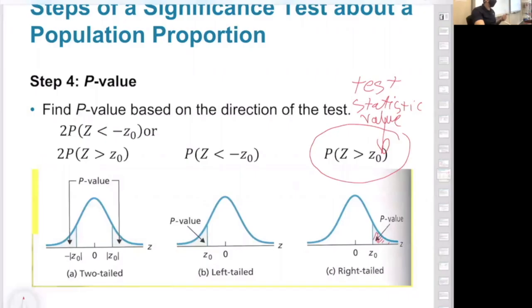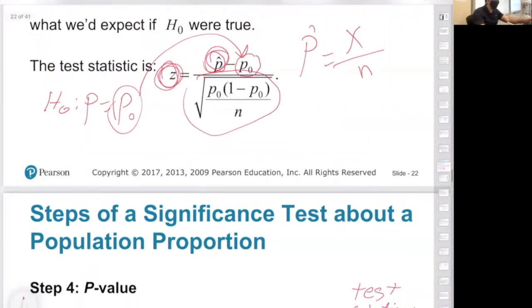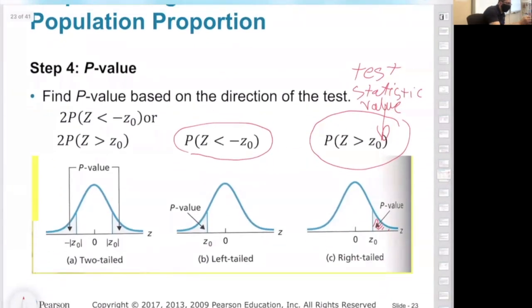If you have a left-tailed test, you will use the probability that Z is less than the test statistic value Z naught. Because it's less than, in most cases you will find this test statistic is negative, not positive. So you find Z naught here, and you need to find the p-value, this area to the left of Z naught. If you have a two-tailed test, you need to find this area and this area.